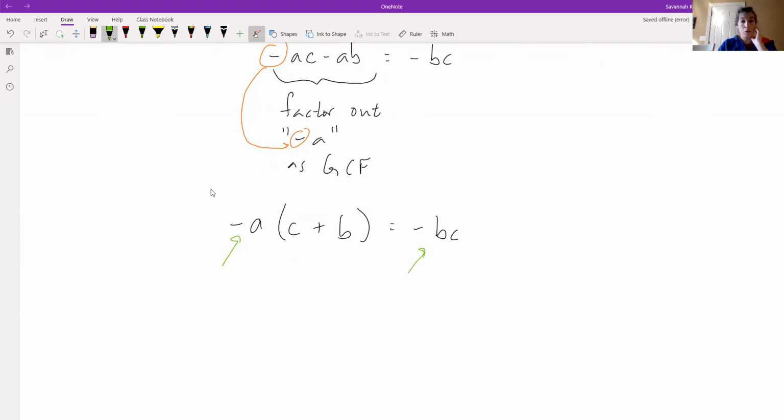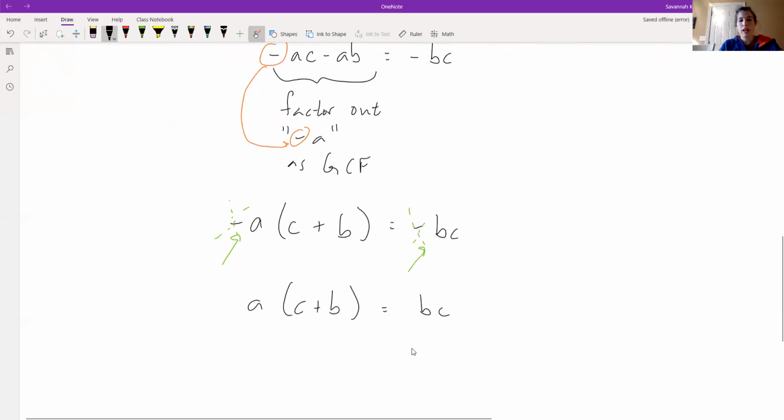When that occurs, you might as well cancel those. Just cancel out your negative from the left and your negative from the right. So I'm gonna kind of use dotted lines here so it doesn't look like I'm destroying too much of this problem. And then you have positive A times C plus B equals positive BC.